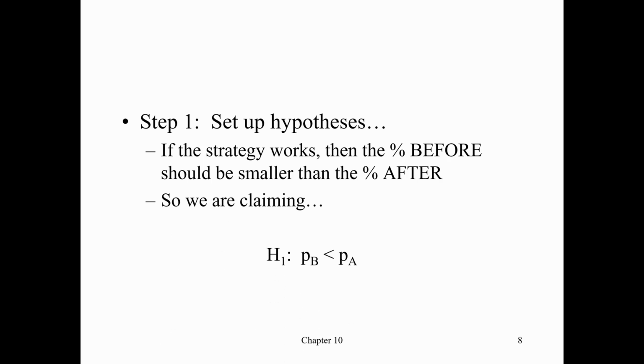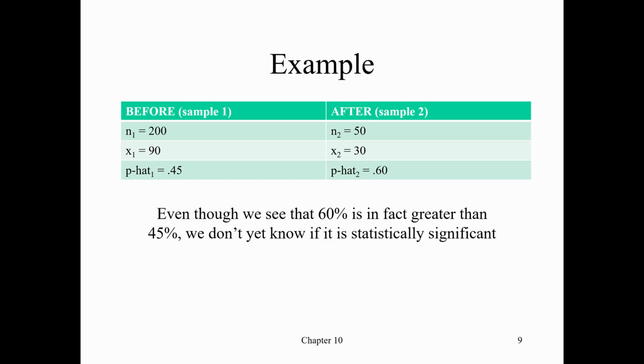Okay, so we're claiming that the proportion before is less than the proportion after. Basically it went up, so the point goes to the smaller one and the mouth goes to the bigger one. After should be a greater proportion than before, which means our null is either the greater than or equal to, or you can just use the equal sign, just like chapter 9. Okay, so let's look at what we have.